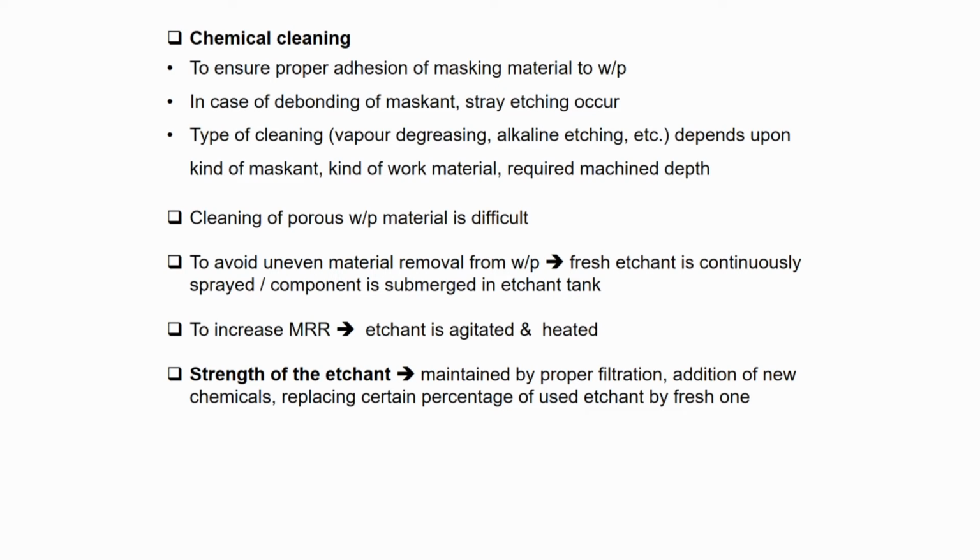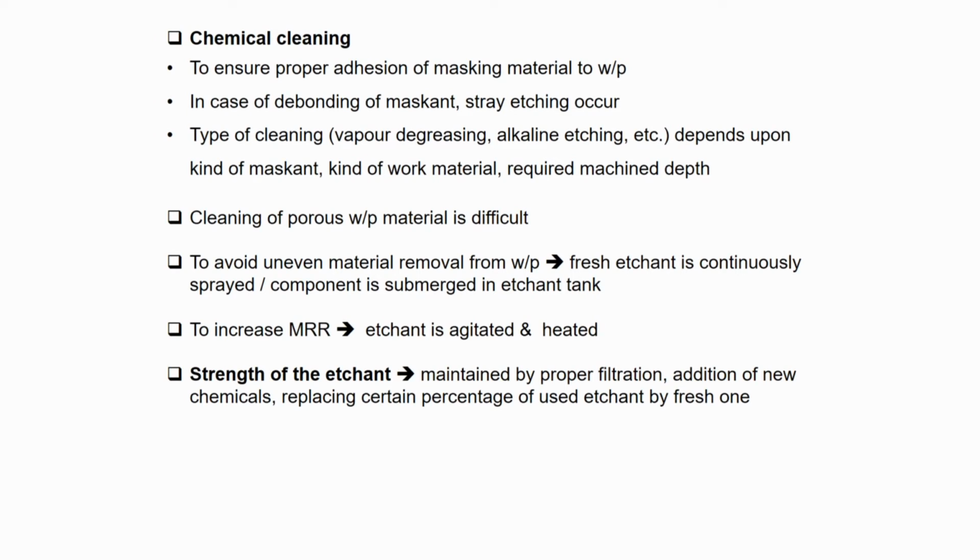This is the difference between chemical machining and electrochemical machining. In electrochemical machining, the reaction products, the metallic hydroxide, do not dissolve into the electrolyte. But in chemical machining, the reaction products dissolve into the etchant.